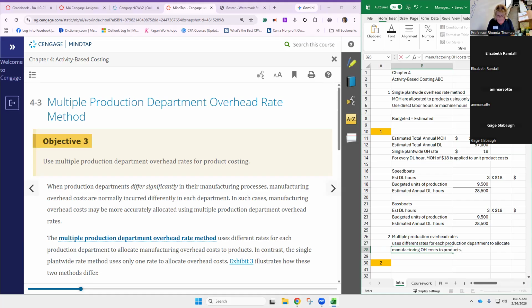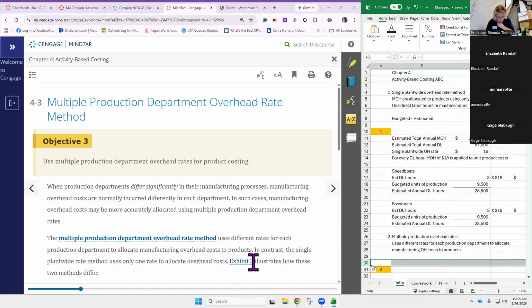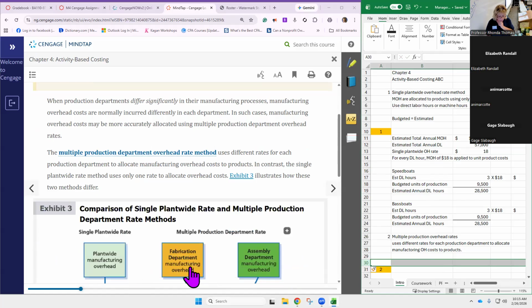And just for reference, one more time, we'll learn the difference between this one and the single. It says, in contrast, the single uses only one rate.